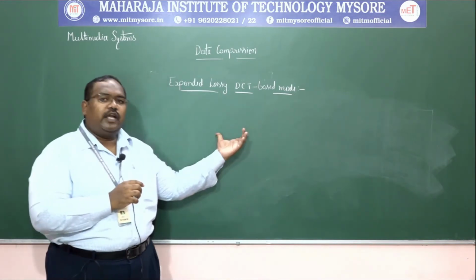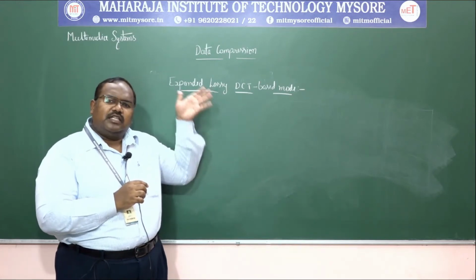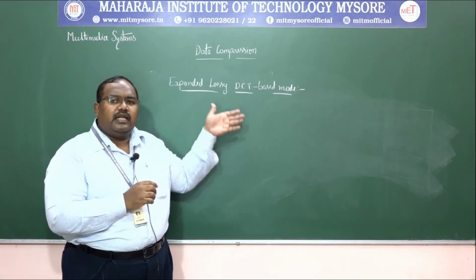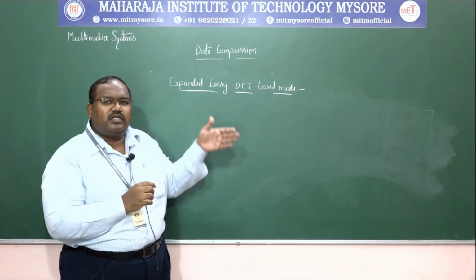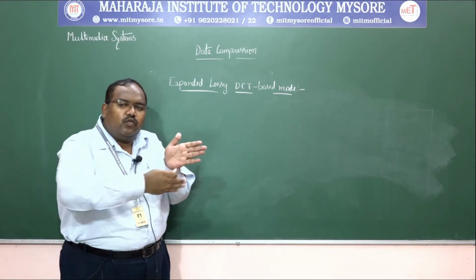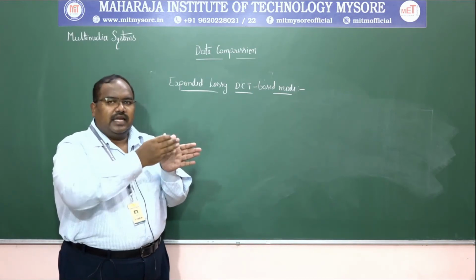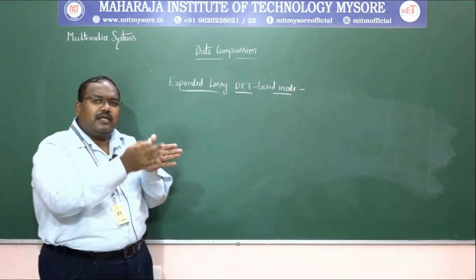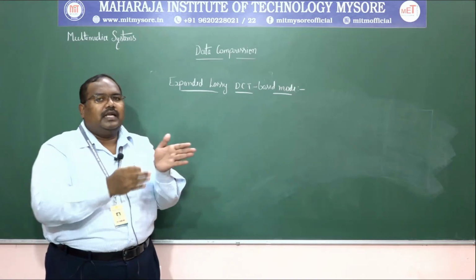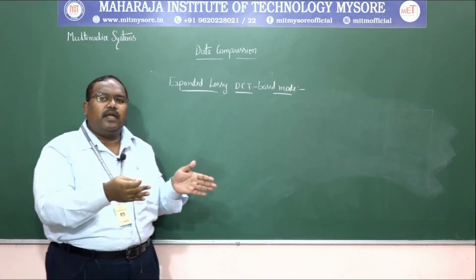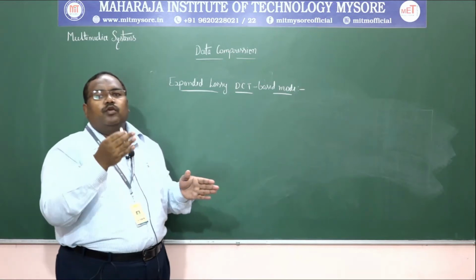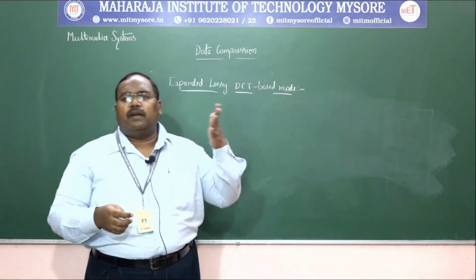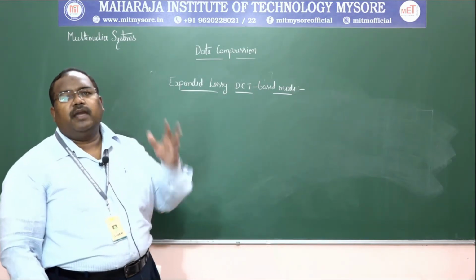In a progressive image, the first picture is very rough and the quantization is very high, and the layered coding is done repeatedly in a progressive way, so the quality of the image is enhanced. The first step is raw, the second a little better, the third much better, and the number of progressions depends on the quantization you require. This technique is the expanded lossy DCT based mode.